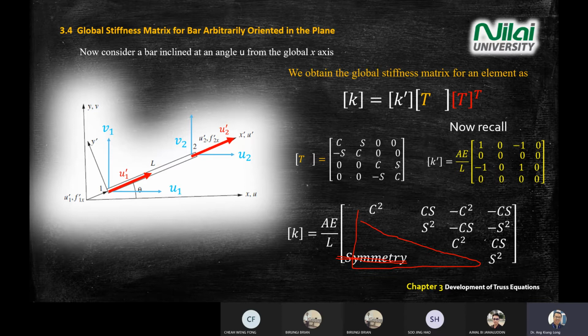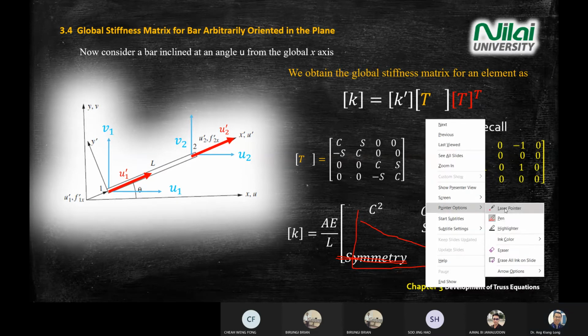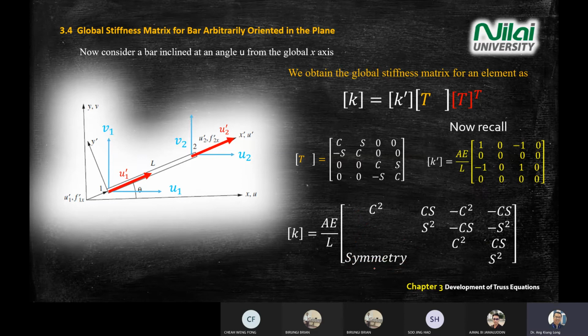I write symmetry here because I don't want to keep repeating, typing the same thing, just to save time for the lecture. Just to let you know, in your answer, don't write symmetry here. Fill the gap in your test answer or final exam answer.